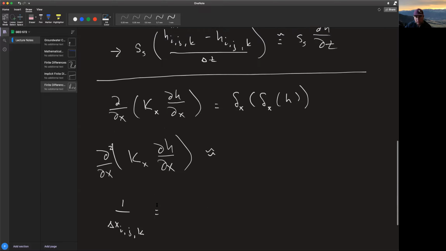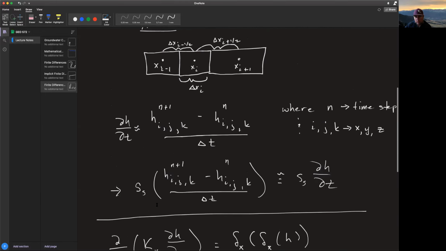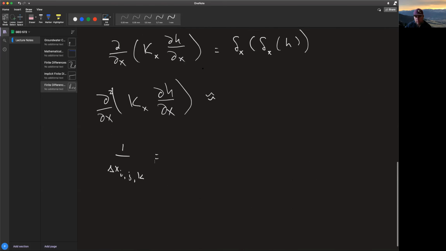If I scroll back up here, delta x i, j, k would be our cell spacing here, delta x sub i. This would be our cell spacing, delta x sub i, j, k. This is not equals, so give me a sec.